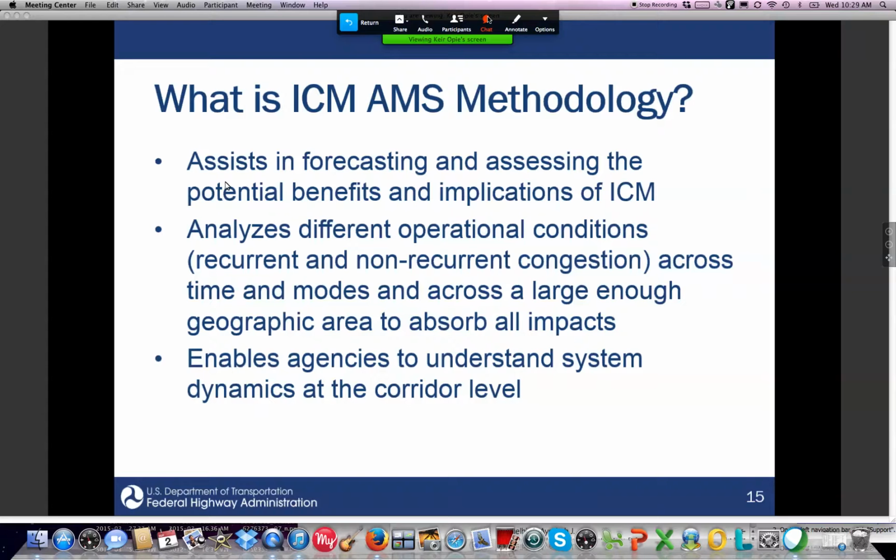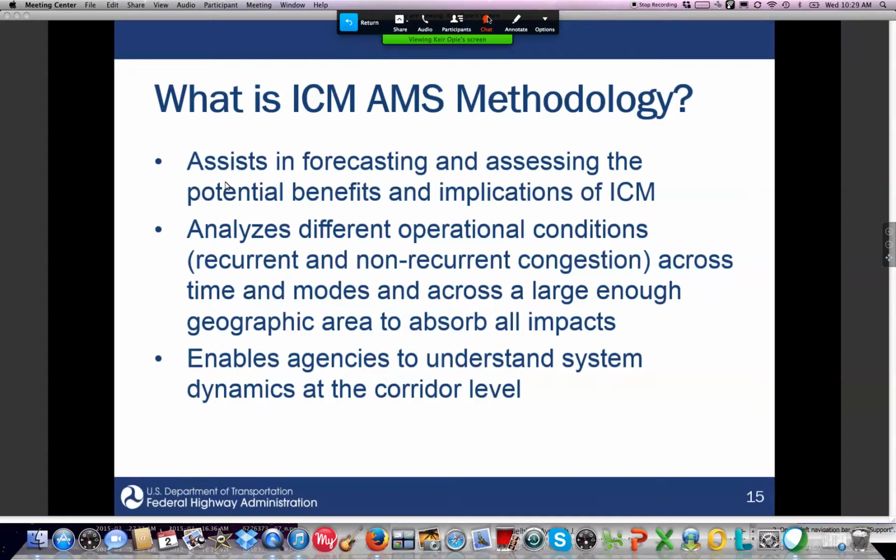And that is usually going to be some sort of non-recurring event, whether it's a very rainy day, roadway flooding, or accidents of varying degrees. All those sorts of things are going to need to be modeled to properly assess an AMS strategy.